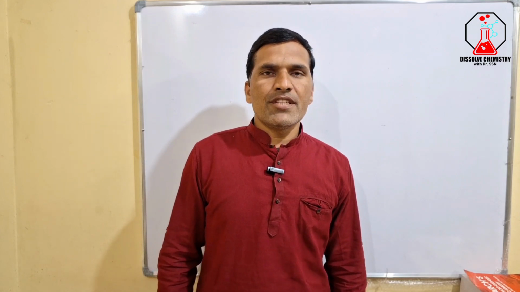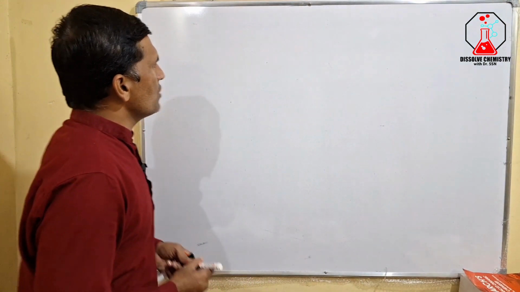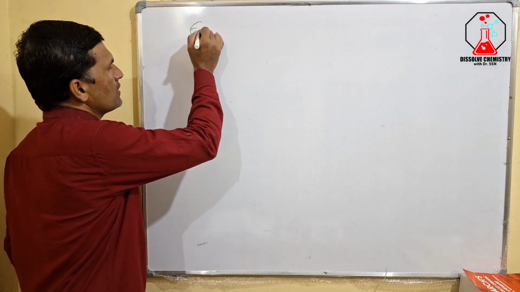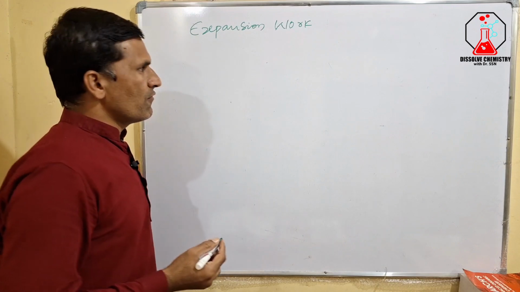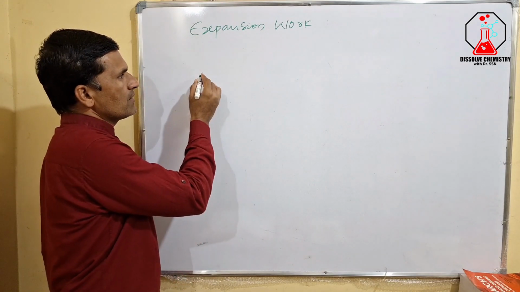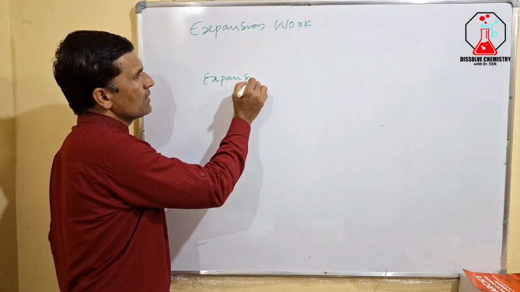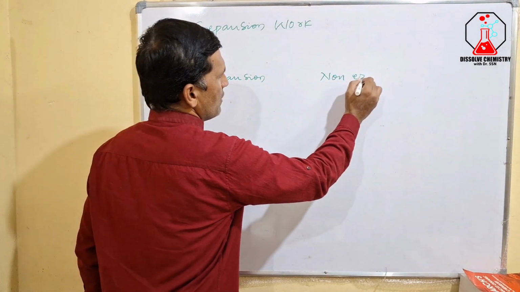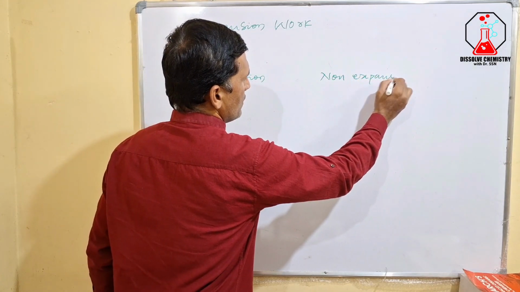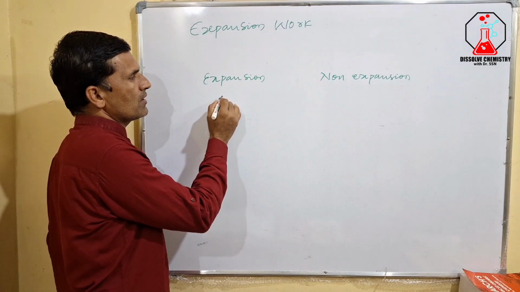In the previous video of thermodynamics, we have discussed expansion work. Let us briefly revise. There are different types of work. Say, for example, you can take expansion work and non-expansion work. We categorize works into expansion work and non-expansion work.